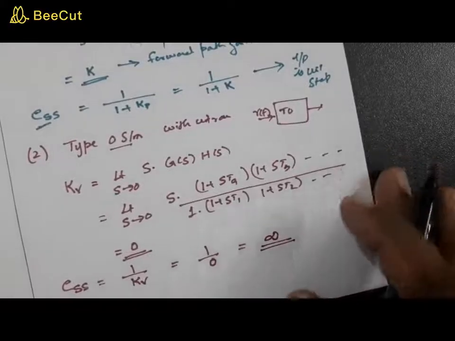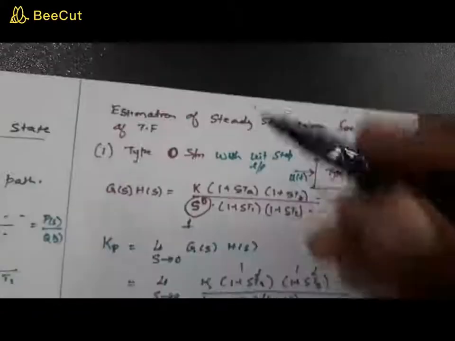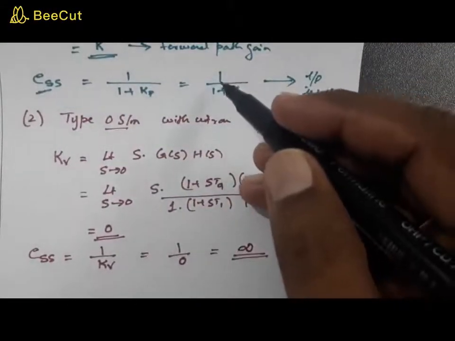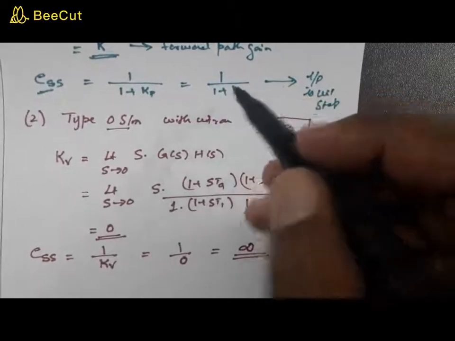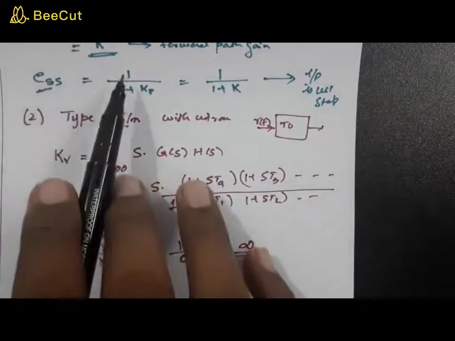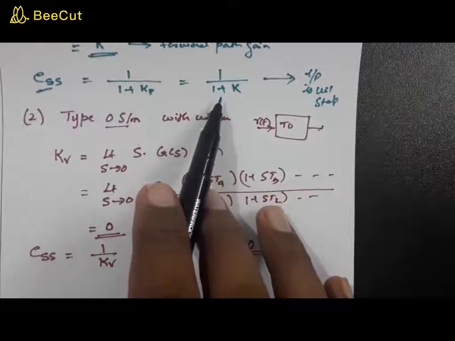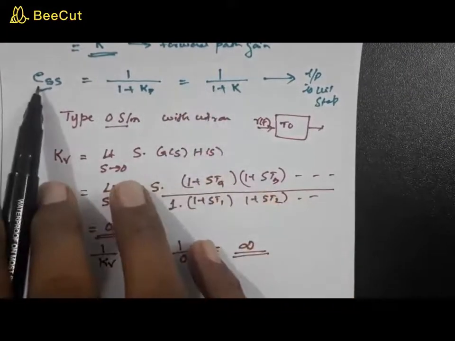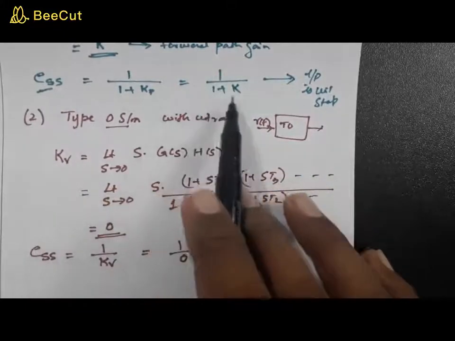Okay, so what is this? Look at this. For a type 0 system, the steady state error depends on the forward path gain. It is an inverse relationship. ESS will be 1 by 1 plus k, and if the forward path gain can be increased, then the steady state error will also be minimized.